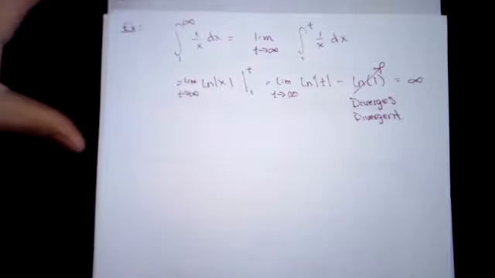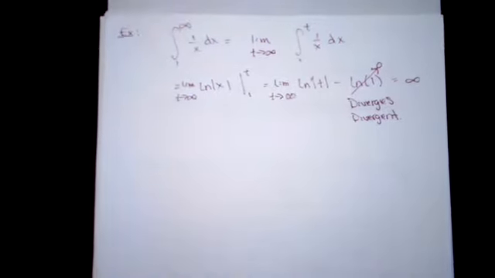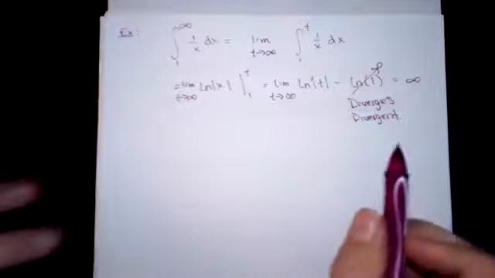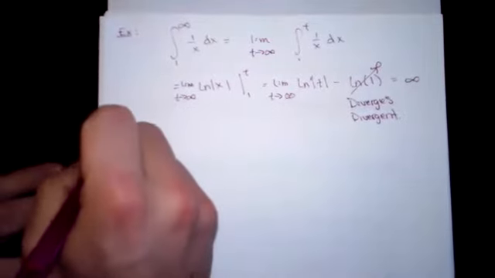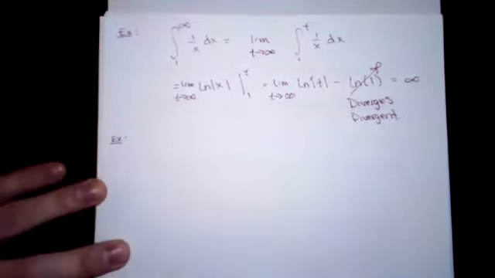So nothing too tricky with these, at least the ones to infinity. Just got to remember how to take limits. So sometimes you got to do L'Hopital's rule to take your limits.